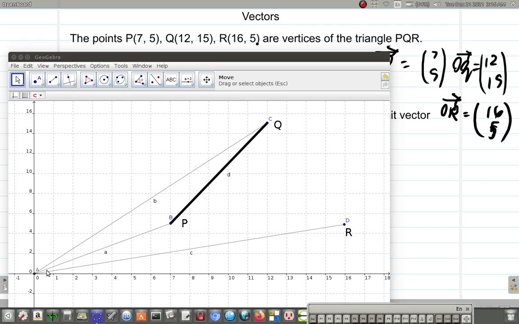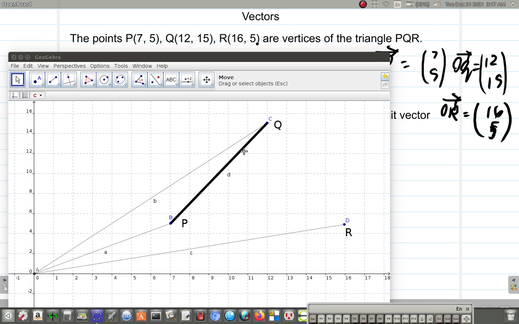It's really you're adding PO and OQ. You form a triangle so that the two sides follow each other but oppose the resultant vector. PQ will be the resultant vector. So you're going up from P to Q.